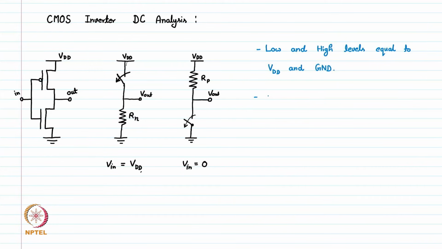This is the CMOS inverter, a ratioless design, which means the logic levels do not depend on device sizes.